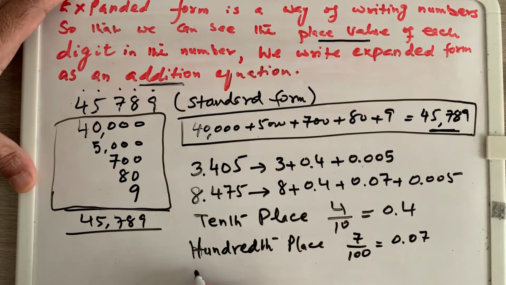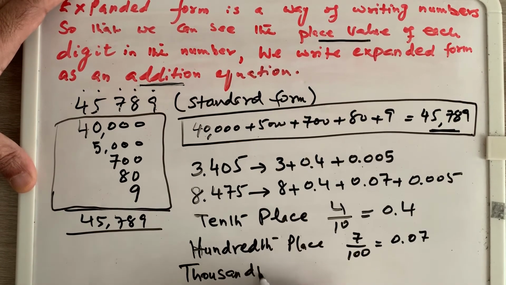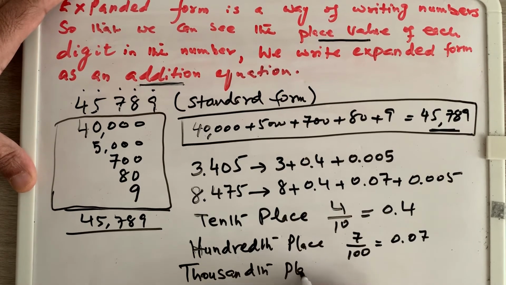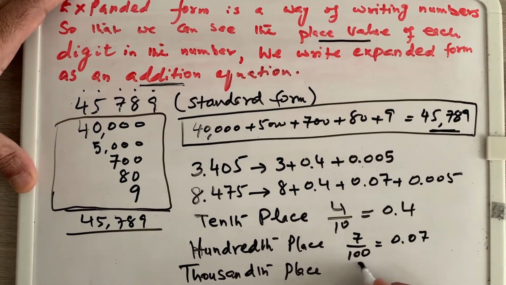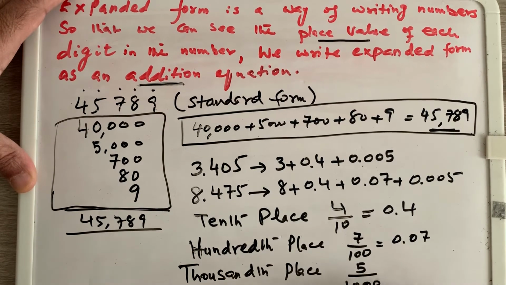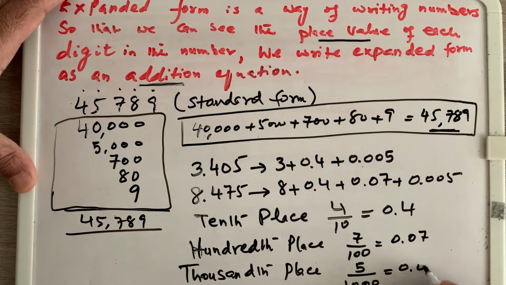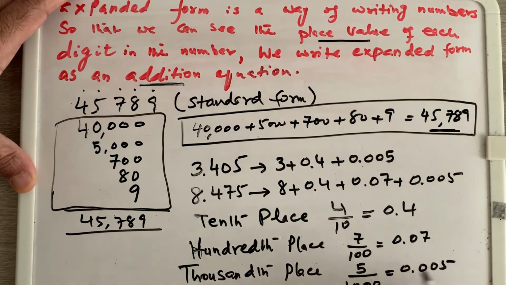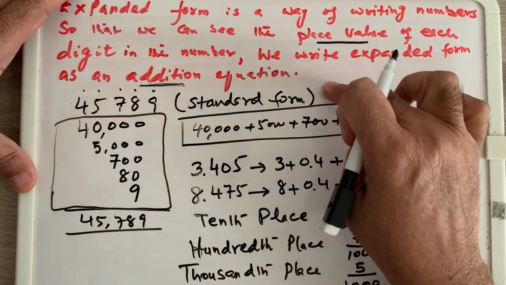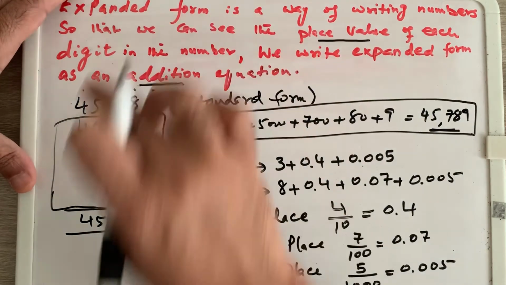Similarly, if I say 1000th place, that means that particular number is at 1000th place, meaning 5 divided by 1000, which gives me 0.005. So in this way, we can define what is standard form and what is expanded form.